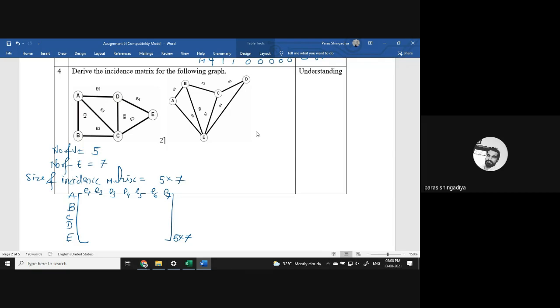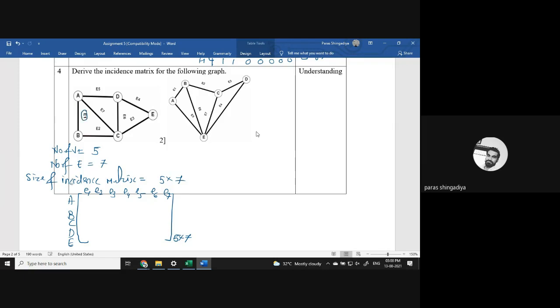If they are in incidence relation, if they are connected, then we'll keep a 1. If they are not in incidence relation, we'll put a 0. Okay, so A with E1, that is connected, they are in incidence relation.